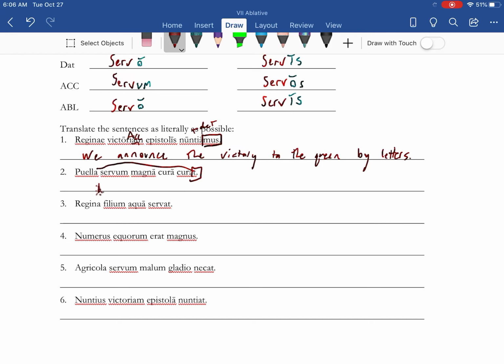He, she, her, it. The girl is looking after, is caring for the servant with great care.